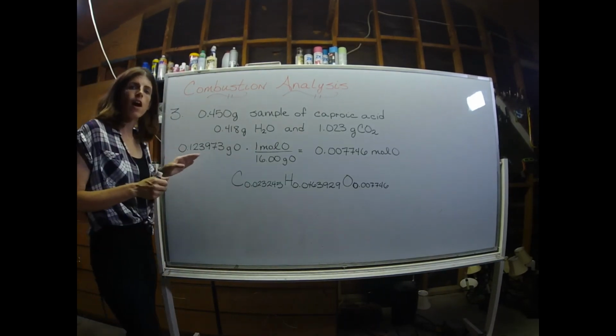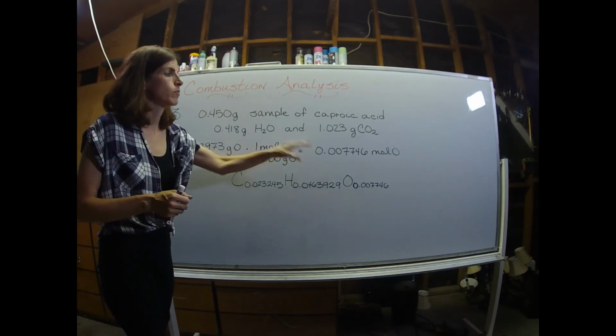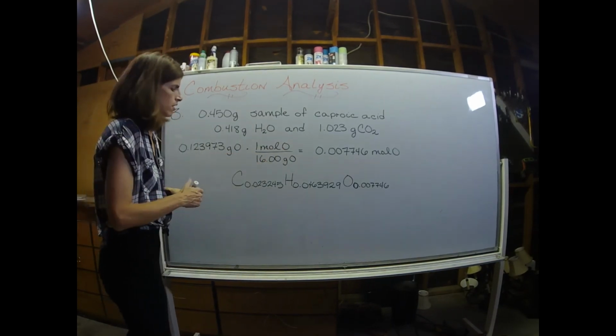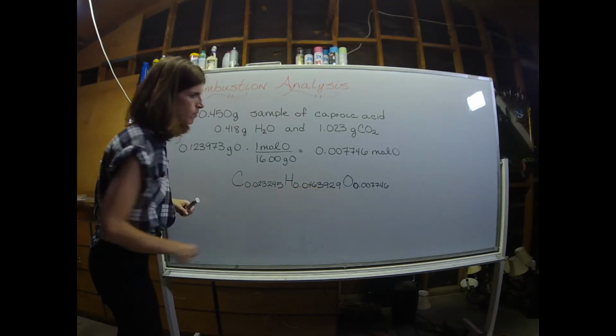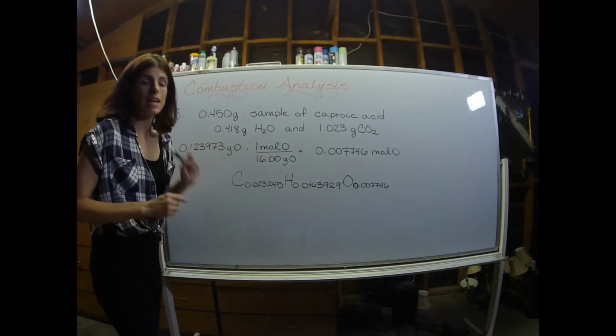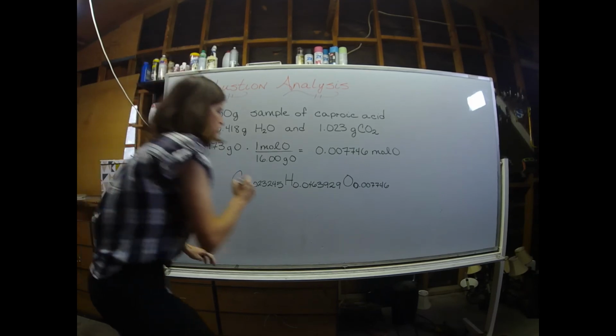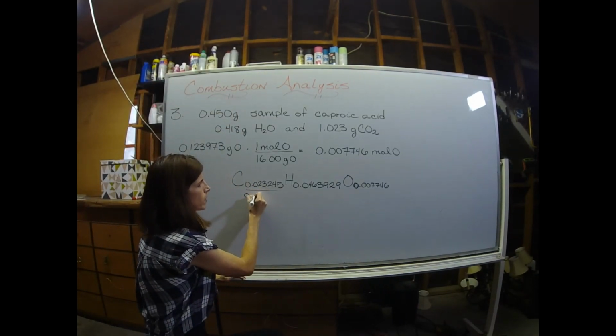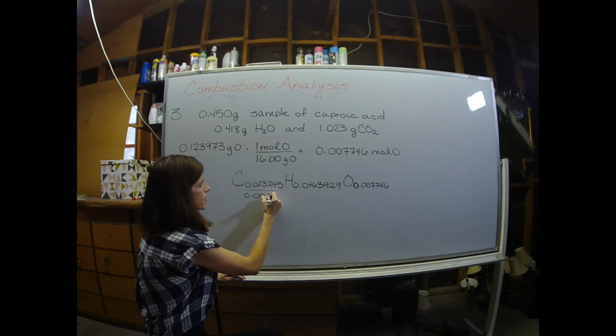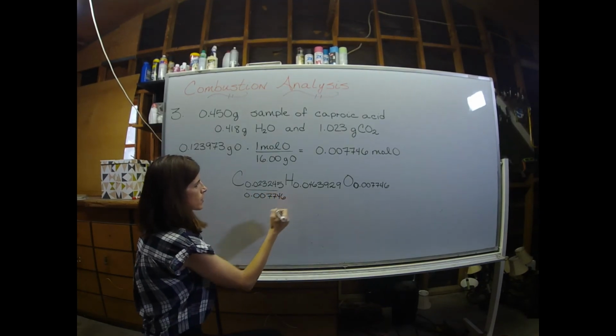The mass of oxygen is then used to determine the moles of oxygen. Setting it up here, these are all my mole values. Oxygen has the smallest mole value, so I'm going to divide all of these numbers by 0.007746.